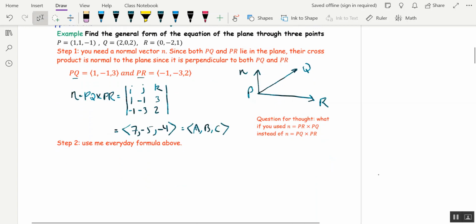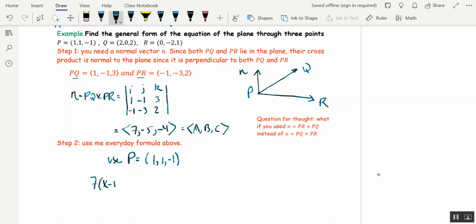All right, now we can use the use-me-everyday formula with either P, Q, or R as our base point. It doesn't matter. I'm going to use P as my x naught, y naught, z naught, and recall P is 1, 1, negative 1. So here's the use-me-every-day. 7 times (x minus 1) minus 5 times (y minus 1) minus 4 times (z plus 1) equals 0.